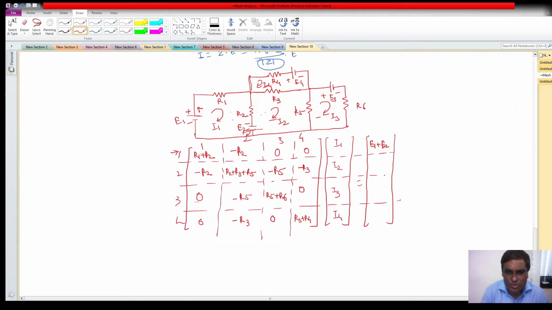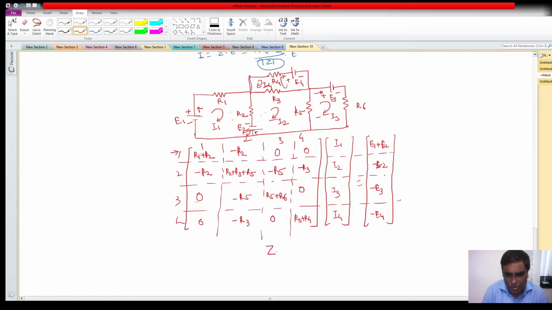In mesh 2, this is our assumed direction and the current is going into the positive terminal of the battery, so this will be minus E2. For third, the current is going into the positive terminal of the battery, so this will be minus E3, and again going into the positive terminal, so this will also be minus E4.